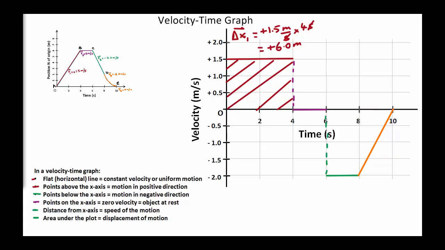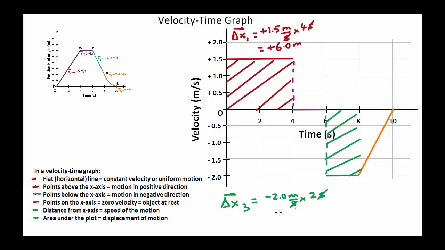For segment 3, we got another rectangle. So here's the rectangle that we need to figure out the area for. And because this area is below the x-axis, this would be a negative area. So delta x3 for the third segment is the area of this rectangle. The height is minus 2.0 meters per second. The width is 2 seconds, from 6 to 8 seconds.